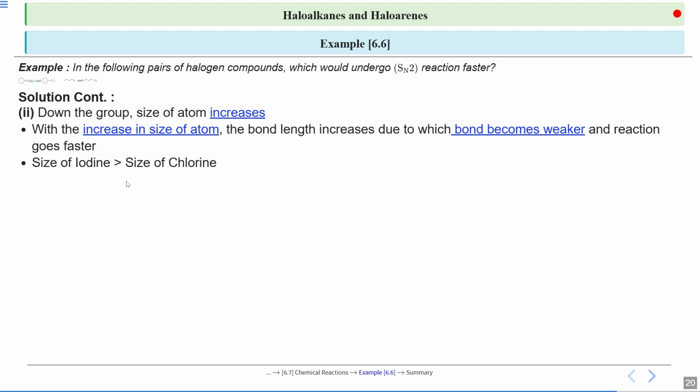So the size of iodine is greater than the size of chlorine as per the group of the halogens, right? So iodobutane will show a greater reaction rate than chlorobutane towards the SN2 reaction. The carbon-iodine bond will break easily and the iodobutane will undergo the SN2 reaction faster.